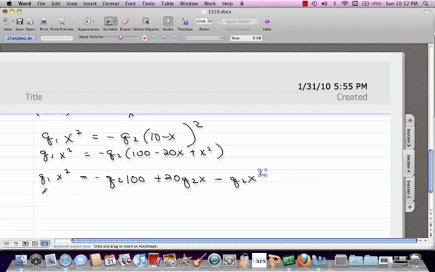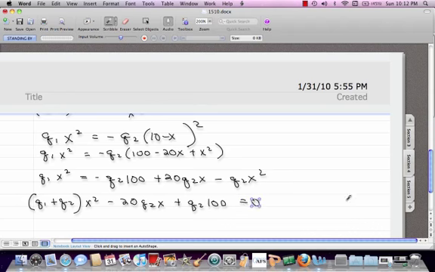I'm going to bring everything over to this side, adding q2x squared, subtracting here, and adding here, so that I can set the whole equation equal to 0. So that's going to be q1 plus q2, factoring them out, times x squared. Notice this has a q1 times x squared, and when I bring this one over, I'll have plus q2 times x squared. Minus 20 q2 times x plus q2 times 100, and that's equal to 0.